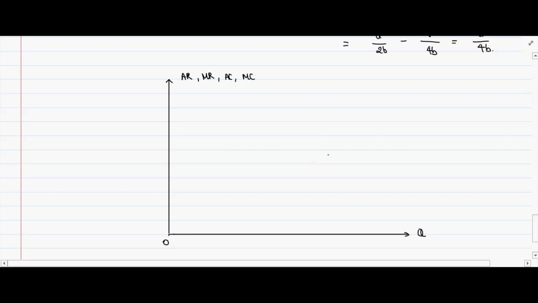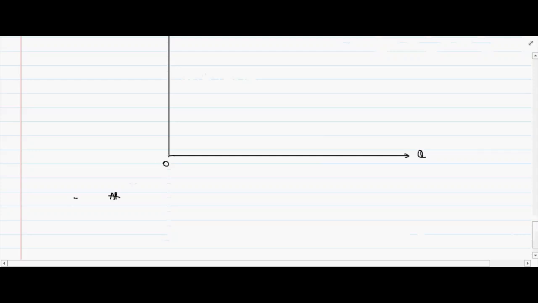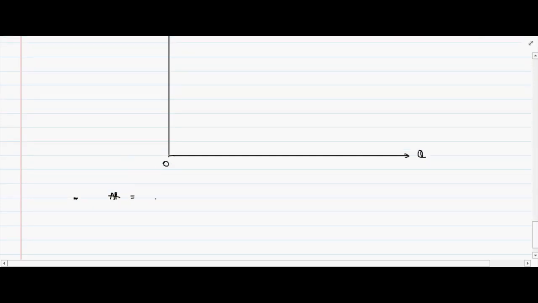So I've got average revenue, marginal revenue, average cost, marginal cost, and this is the total quantity Q. And we have average revenue equal to A minus BQ, and the marginal revenue is A minus 2BQ.